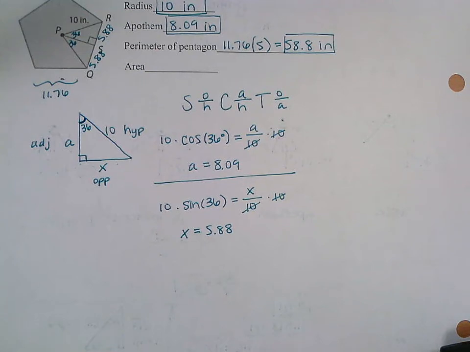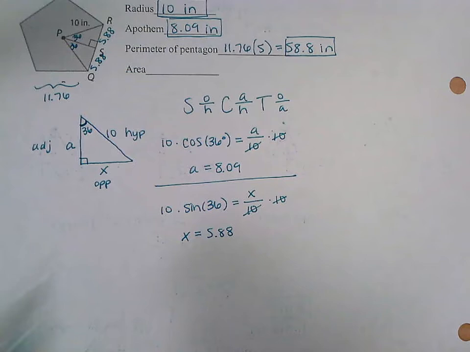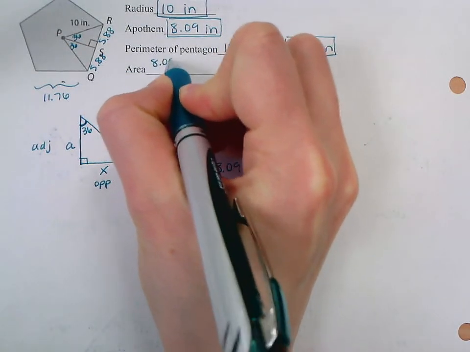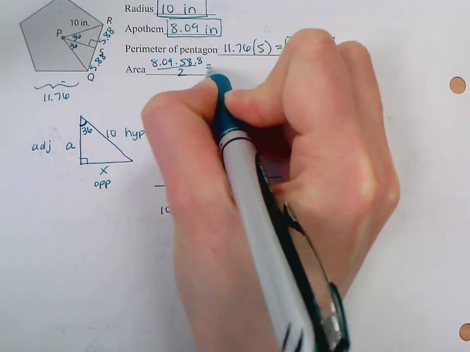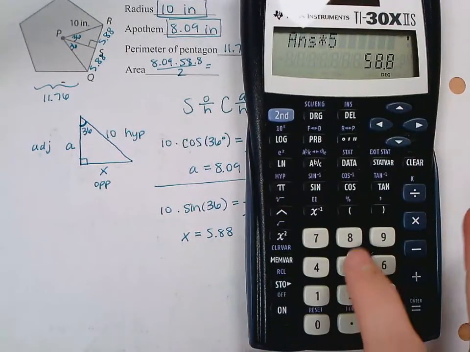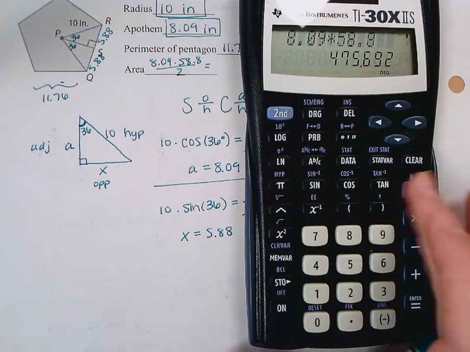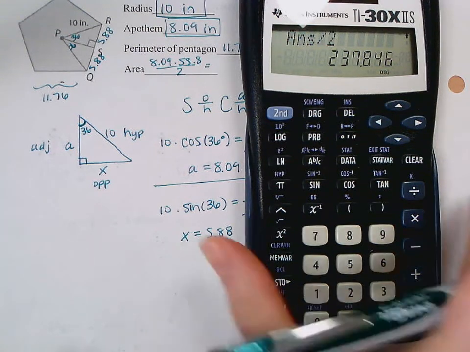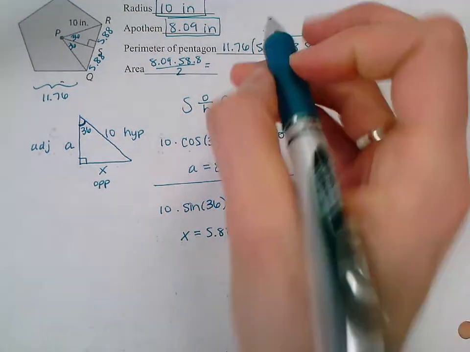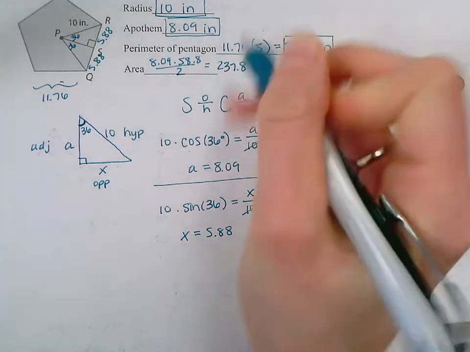And then since I have the apothem and perimeter, I can find the area. So again, apothem times perimeter divided by 2. Divided by 2, and I get 237 point something. So now if I round this to 1 decimal place, 237.8. And that would be in inches squared.